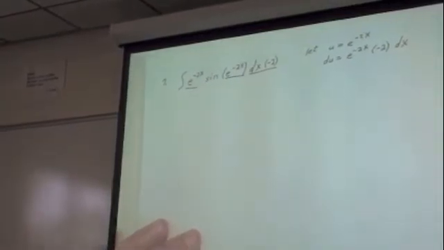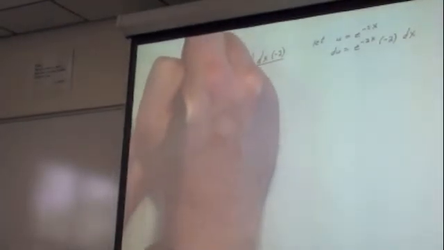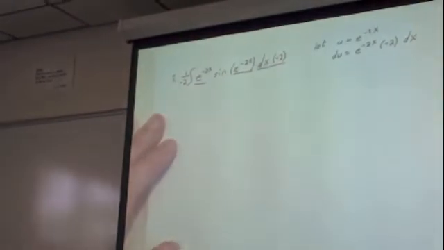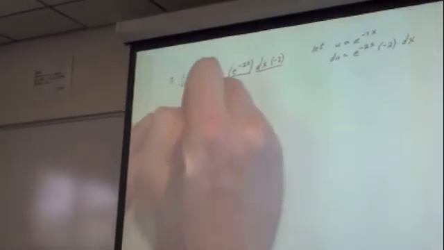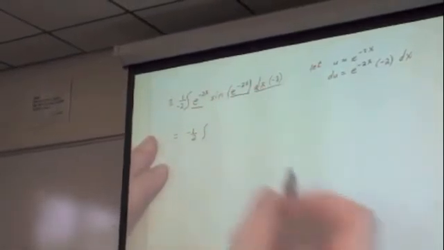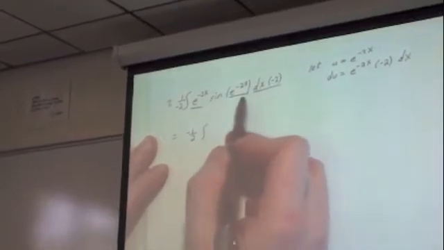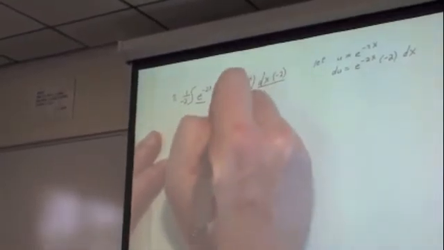Now, we know we can't just multiply by negative 2 on the inside without going to the outside, dividing by negative 2. So I'll say 1 over negative 2 on the outside. So now this becomes negative 1/2 on the integral. All of this part becomes du, and then this is just going to become the sine of u.